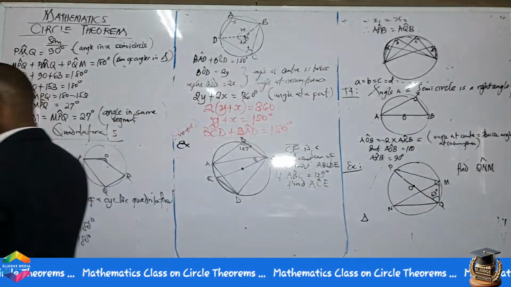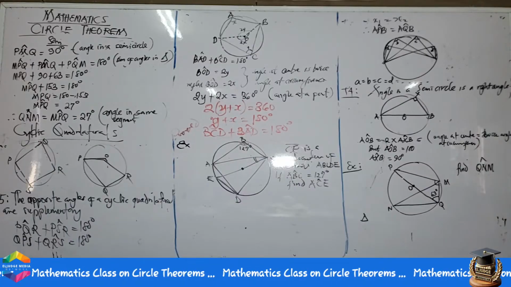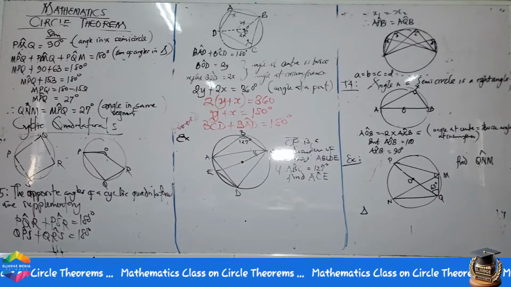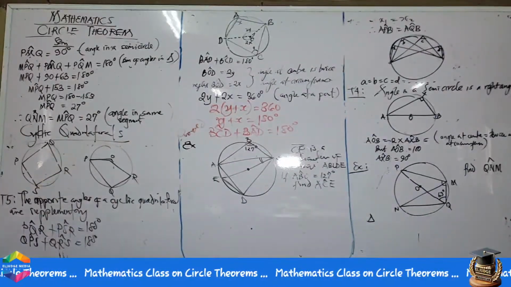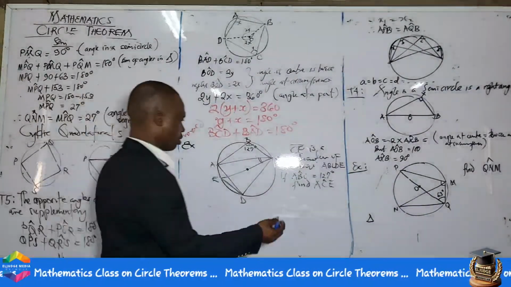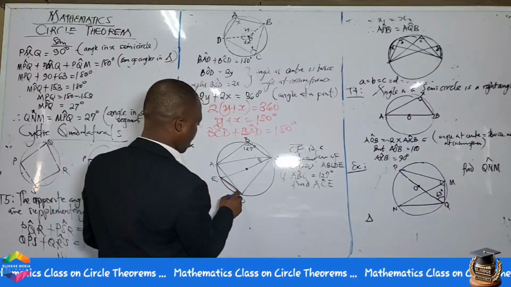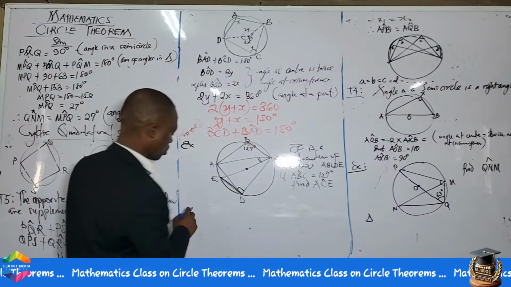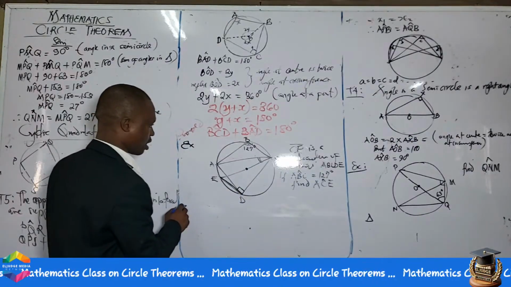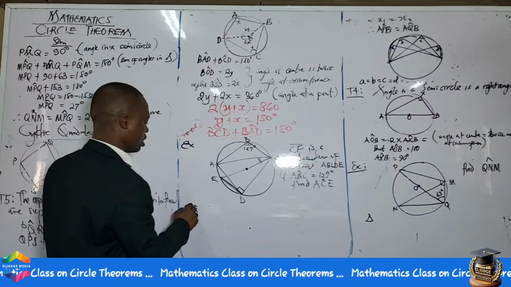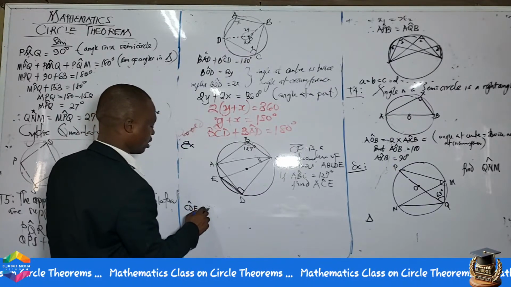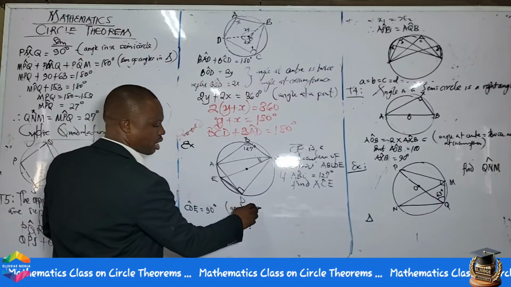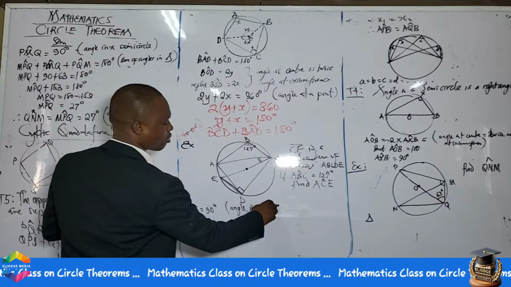So we are told to find the angle ACE. Let's solve it. Angle CDE is 90 degrees, angle in a semicircle.